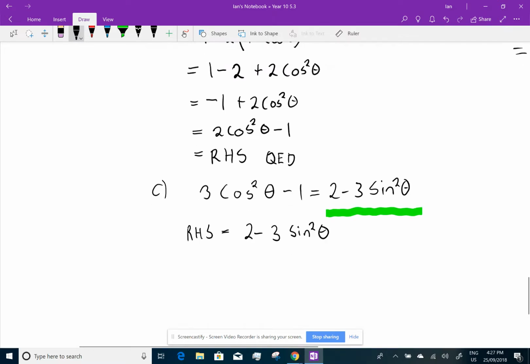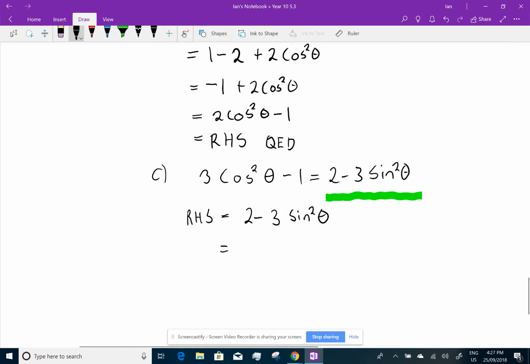And I'm going to do the same again. This time I'm just going to go, all right, 2 minus 3 times 1 minus sine squared theta. And you can see it's already similar. I'm going to do this expansion. That's going to give me minus 3.